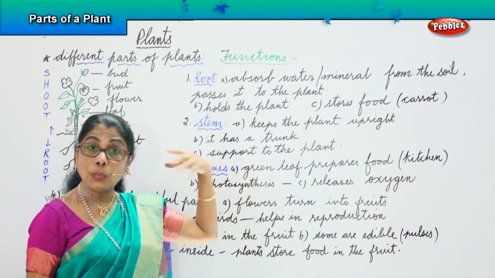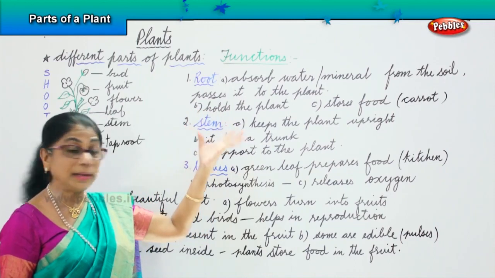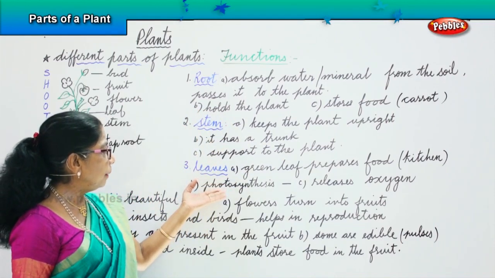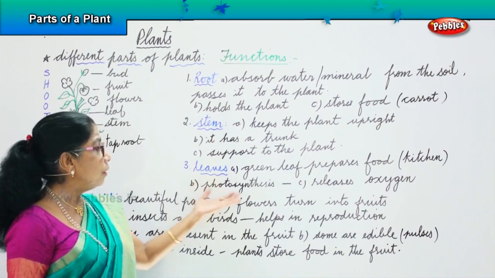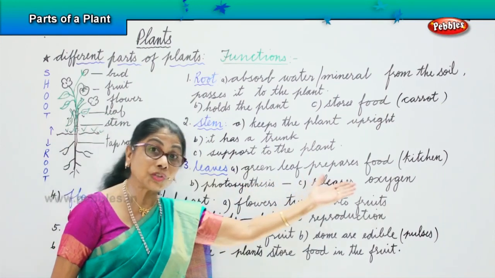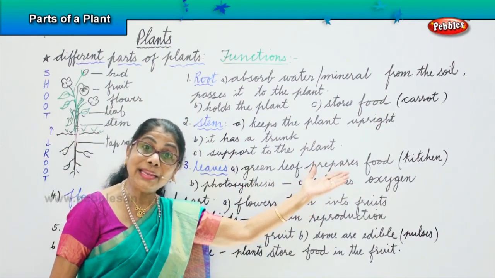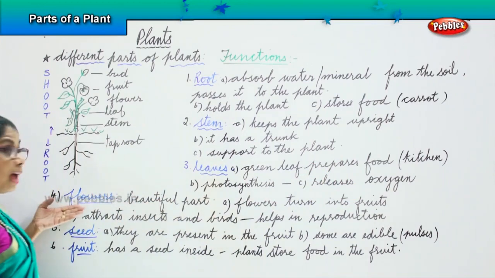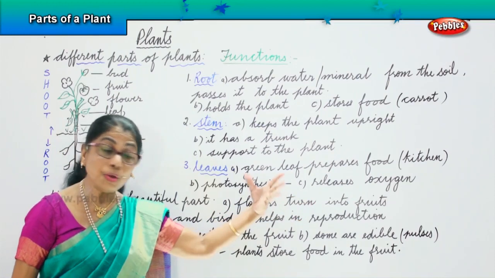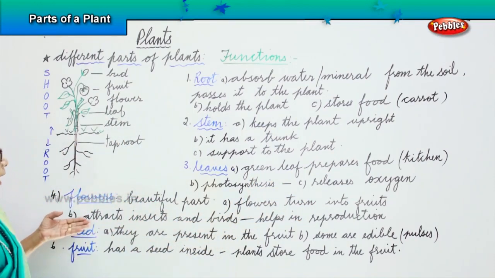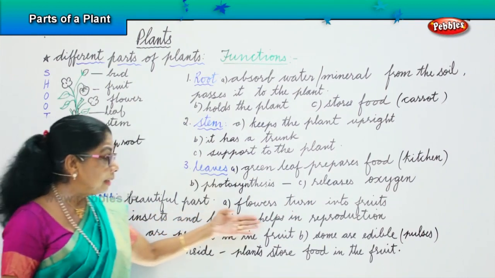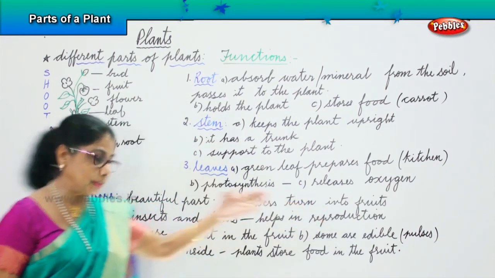Photosynthesis takes place with the help of water and sunlight, and because of the green pigment present in the leaf, photosynthesis happens, and within that process, oxygen is released, and that's what we need for breathing. Now, flowers, the most beautiful part of the plant. The flowers turn into fruits. Because it's so beautiful, it attracts insects and birds, and so it helps in reproduction.